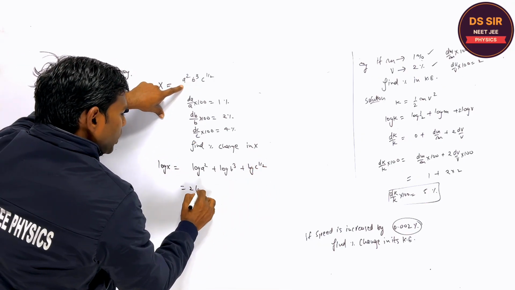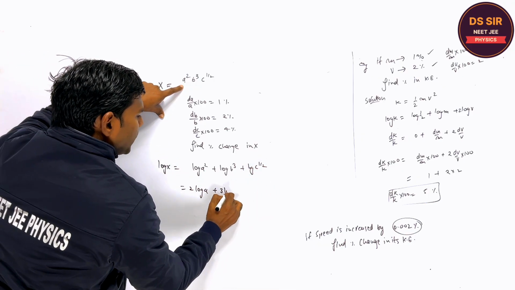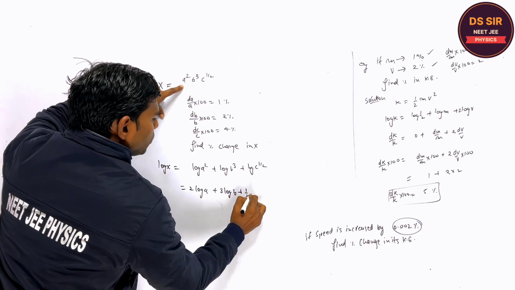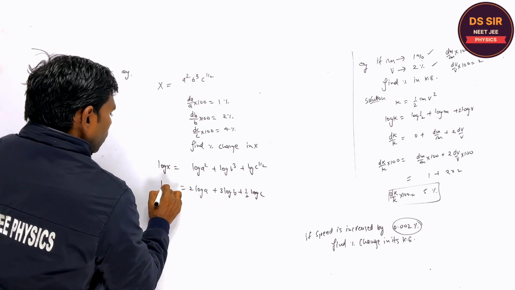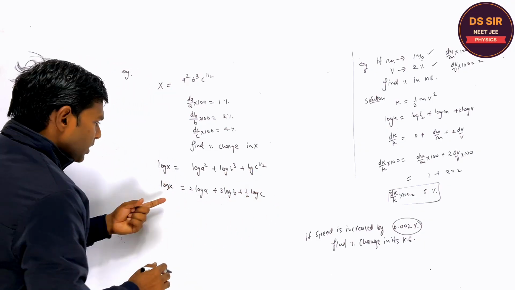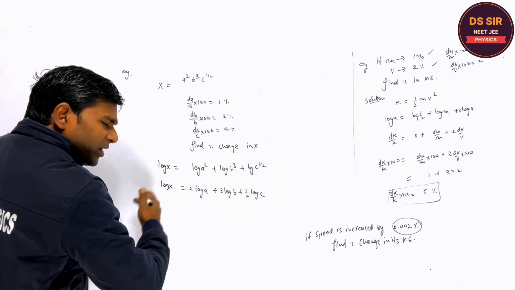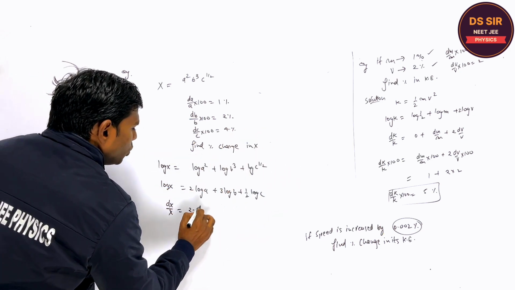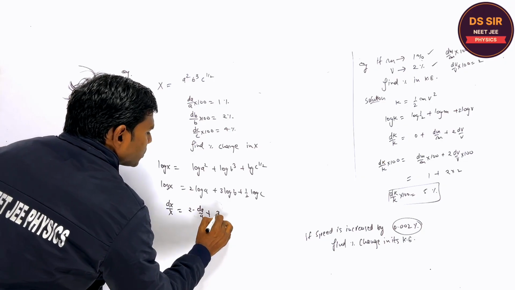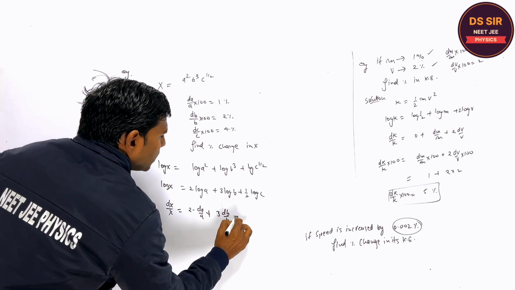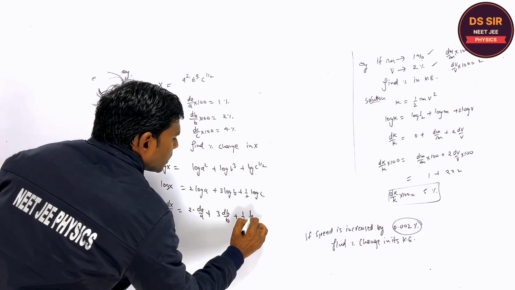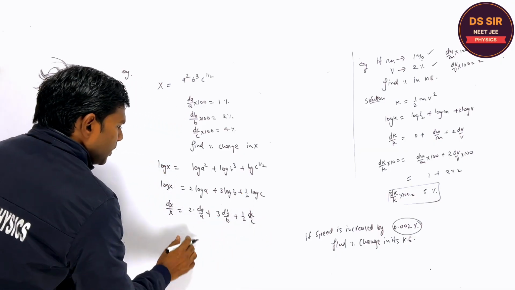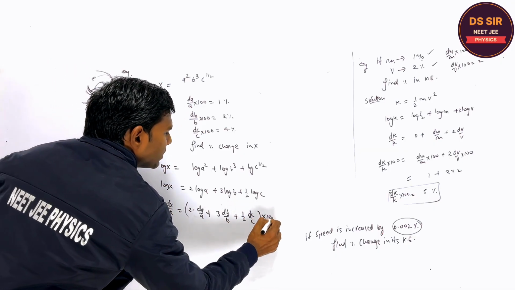So it is 2 log A plus 3 log B plus 1 by 2 log C. This is log X. Are you getting or not? Differentiate it. So dx upon x equals 2 into dA upon A plus 3 dB upon B plus 1 by 2 dC upon C. Multiply by 100 on each side.